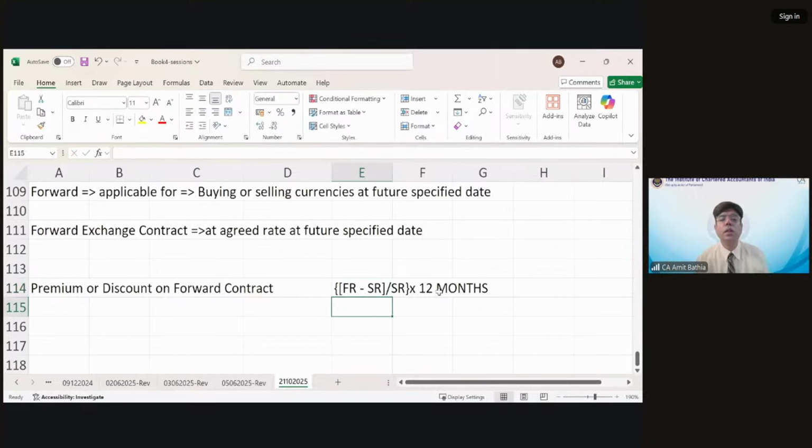This tells you the premium or discount on an annualized basis.